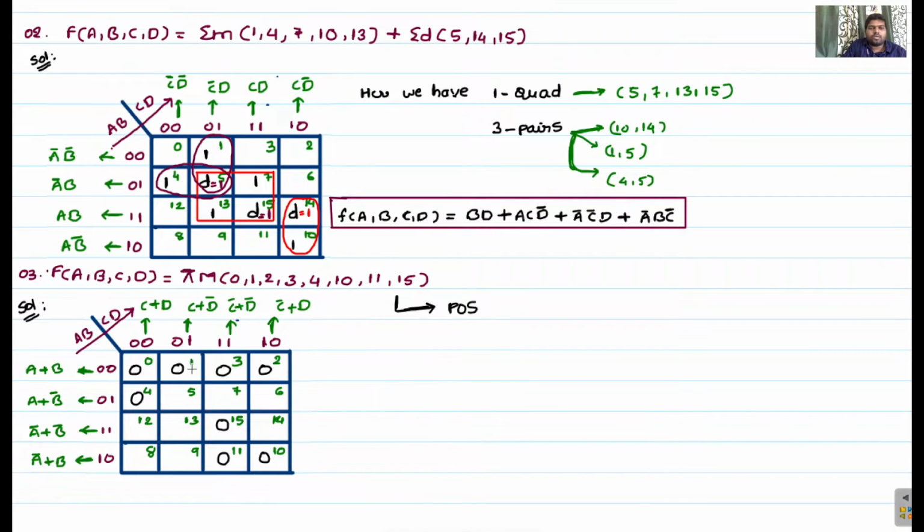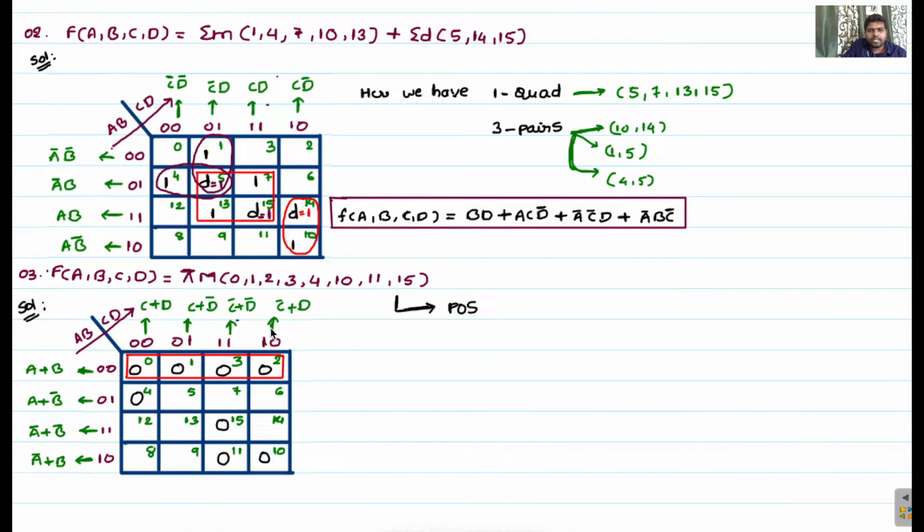Now if you observe this first row, all the square boxes have zeros, so these are all adjacent cells, so I will make one quad. So this is one quad.